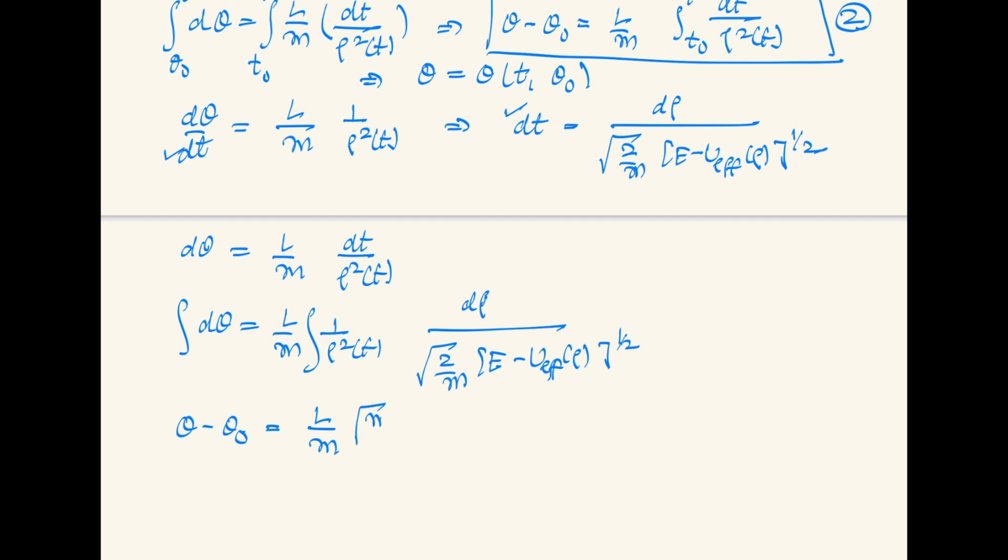I think I'm going to get a square root of m by 2, and then integral d rho going from rho 0 to rho, divided by, what do I get here? I'm going to get rho squared times E minus U effective of rho, raised to the power half. There we go. So again, this is a very inconvenient equation.